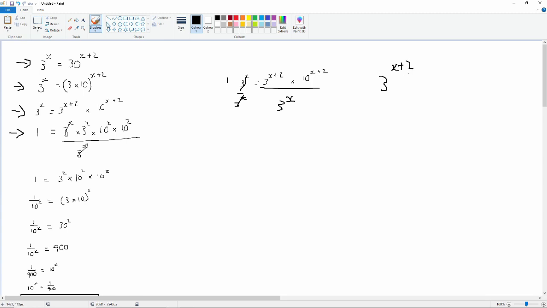Remember the first law of indices, where the bases are the same, you just add the indices. So we can just say that's the same as saying 3 to the power x multiplied by 3 to the power 2. And 10 to the power x plus 2, by the same reasoning, is 10 to the power x times 10 to the power 2.